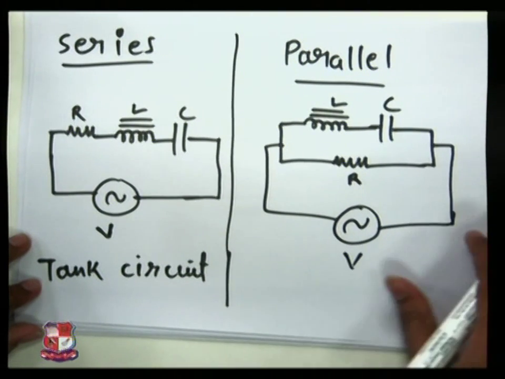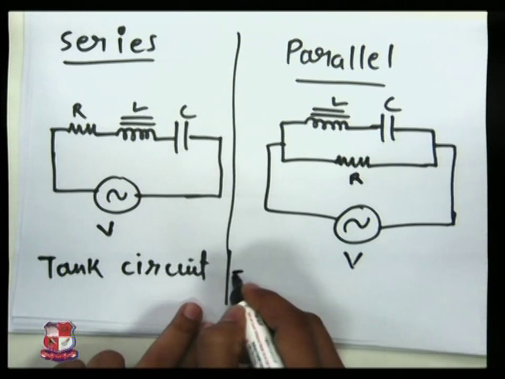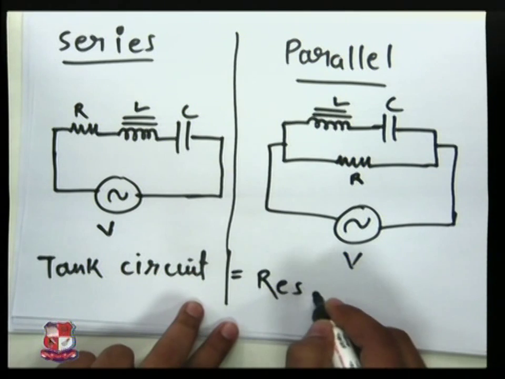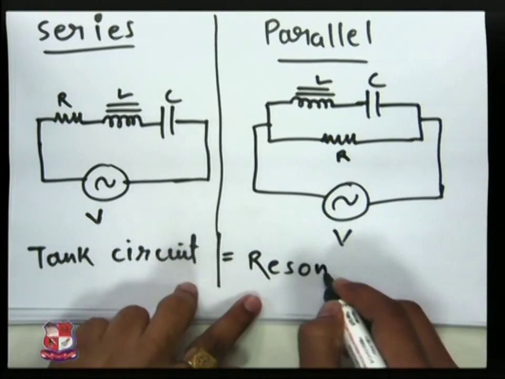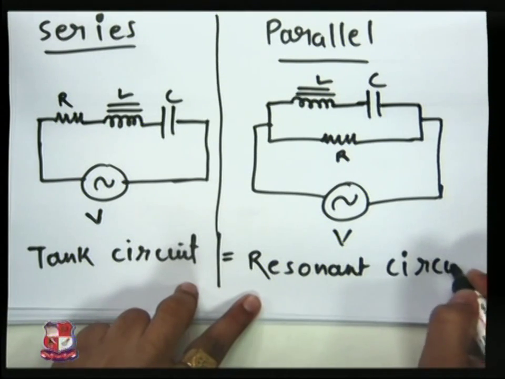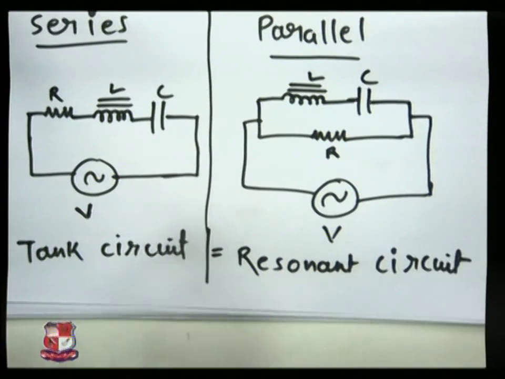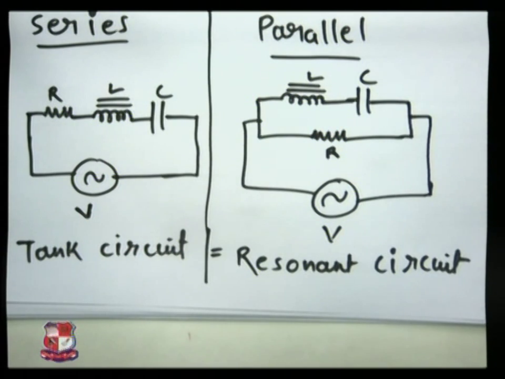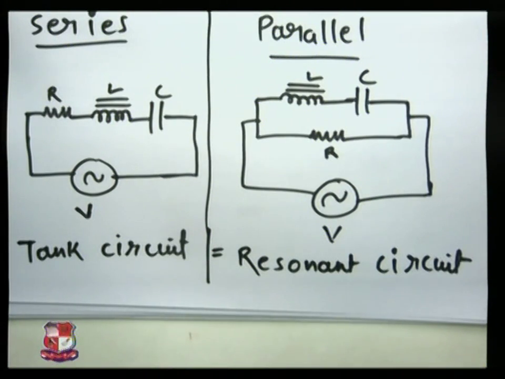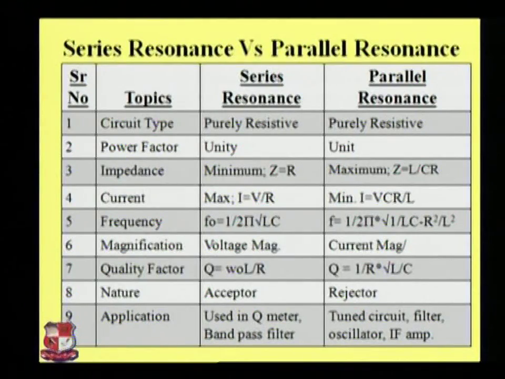This is called the parallel resonance circuit. Tank circuit is also another name for the resonant circuit. So if you are asked in your exam to find the equation for the tank circuit or the equation for the resonant circuit or resonance circuit, both names are the same. Now move towards the comparison.